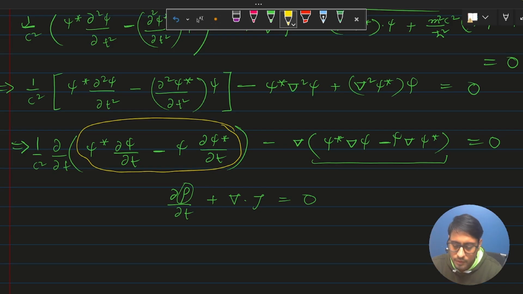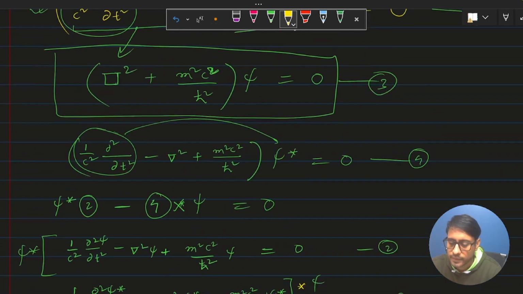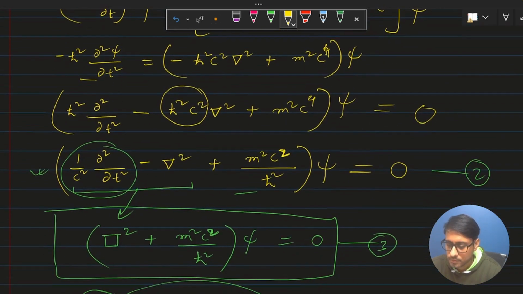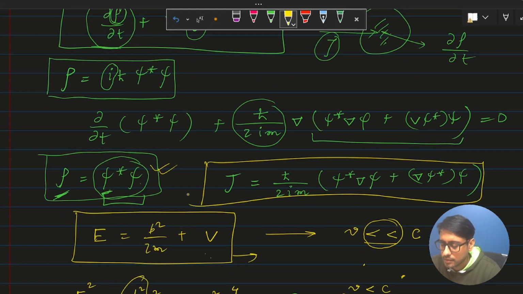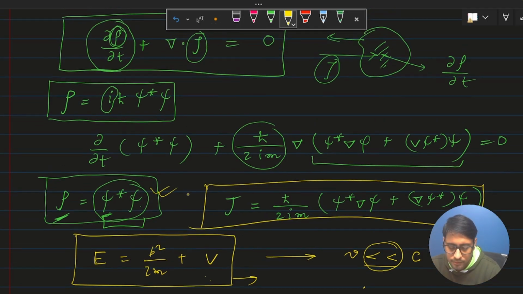Now let's go back and check the j term. Previously we have seen that for the Schrödinger equation this is the j, and let's write this j here.